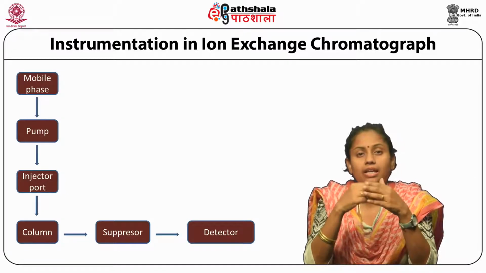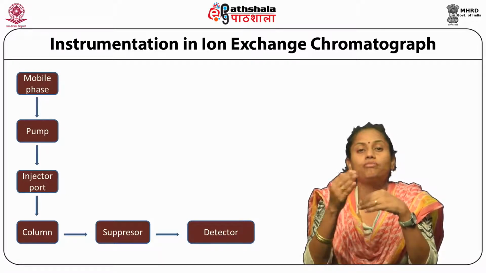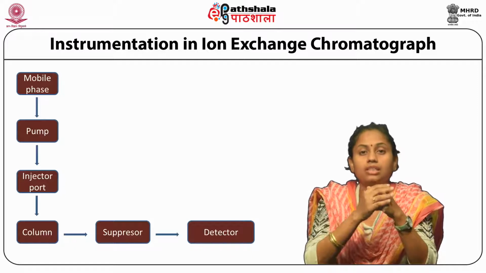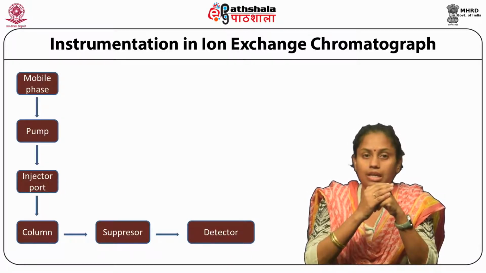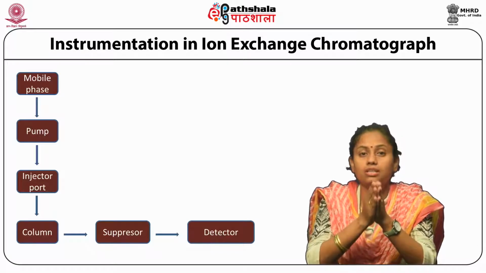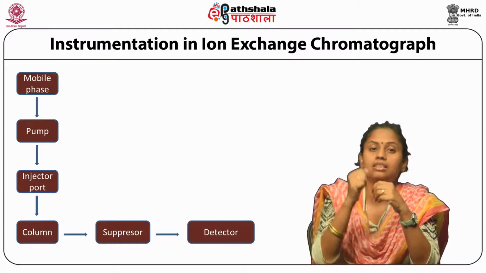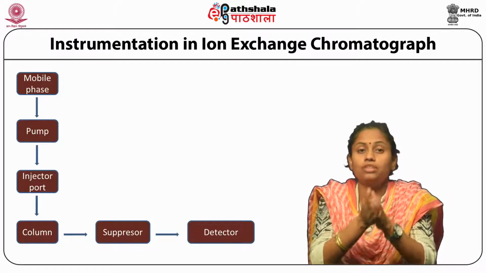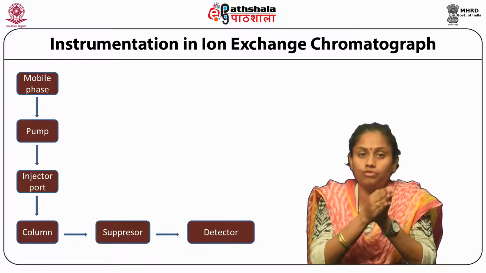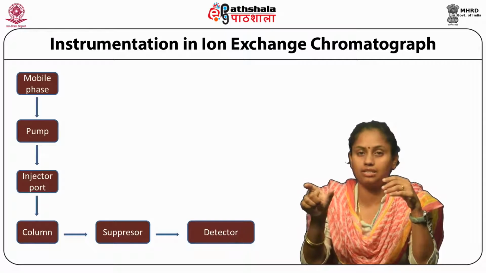Here, the ion exchange phenomenon occurs on the column, which leads to the separation of molecules. Now, the suppressor plays an important role. It reduces the conductivity of the eluent and increases the conductivity of the analyte so as to facilitate the movement of analytes to the conductivity detector.